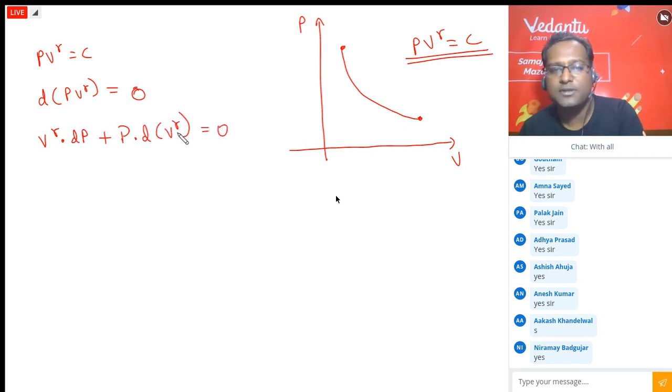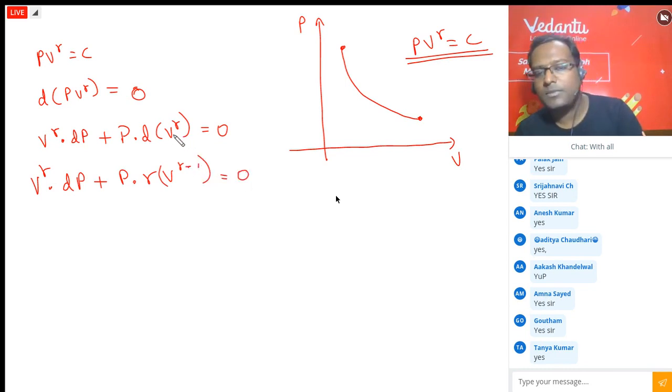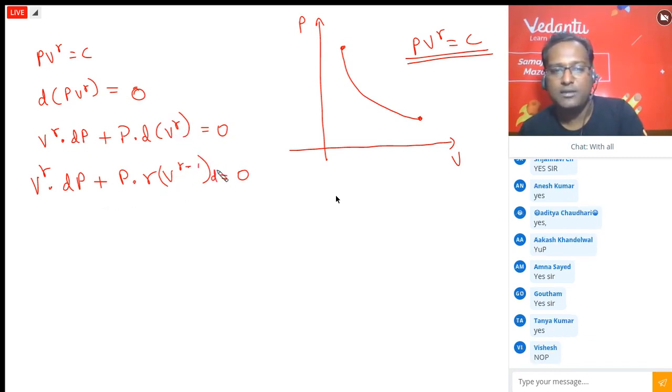This is differentiation by parts, right? So V to the power gamma into dP plus P into gamma V to the power gamma minus 1, because the differential of x to the power a is a into x to the power a minus 1, into dV.